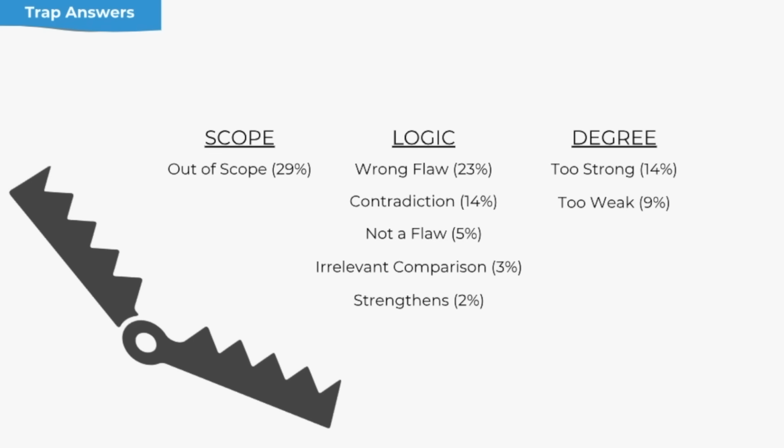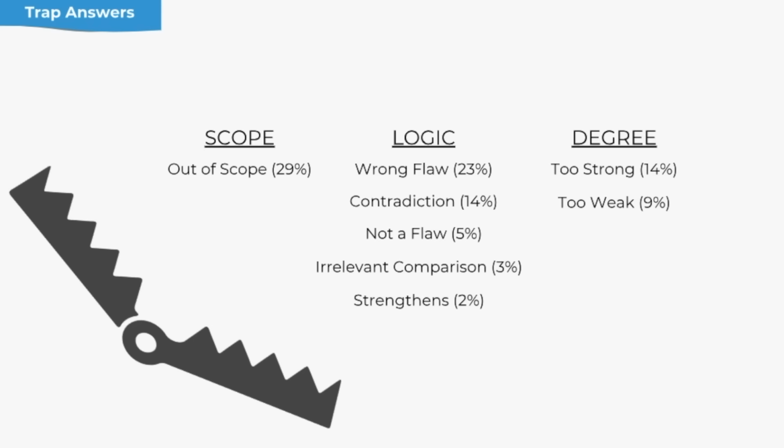It's what they're describing happened, but it's not a flaw. 3% are simply irrelevant comparisons. 2% are strengthening the argument instead of weakening it. 14% are presenting the information in stronger ways than what actually happened within the argument, and 9% are presenting what happened in a weaker way than what actually happened within the argument.